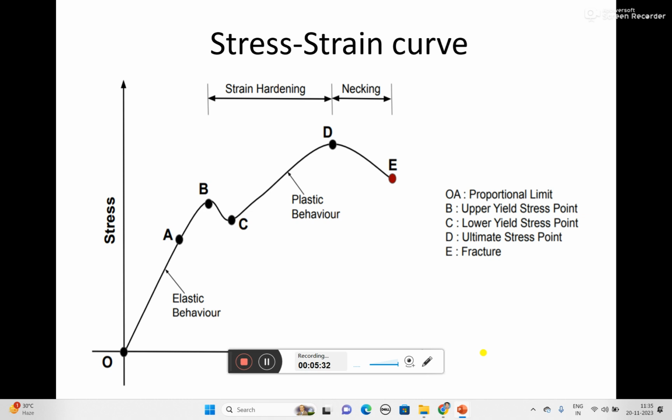Up to point A, that is 0 to A, the zone is related to the elastic behavior of the material. Whenever you apply some load or external force over the material, the material develops a resistance force, and due to that it develops some stresses.